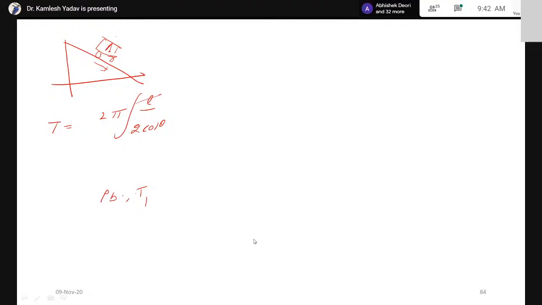Now the same pendulum is made to oscillate in a liquid having density rho L. If a pendulum is oscillating under the water, then what will be the effect on its time period?